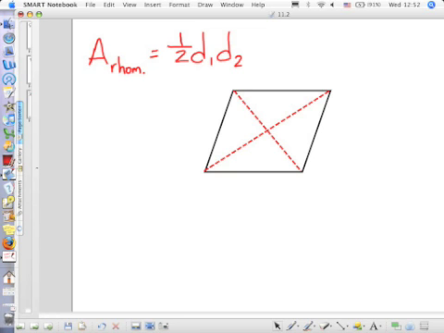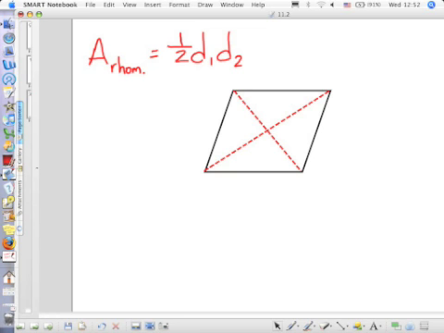But a rhombus, remember, is a special parallelogram where all four sides are equal to each other. Okay? And the diagonals of a rhombus bisect each other and are perpendicular to each other.